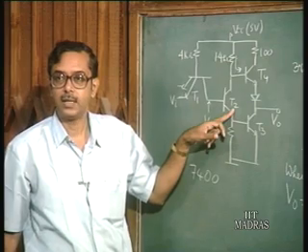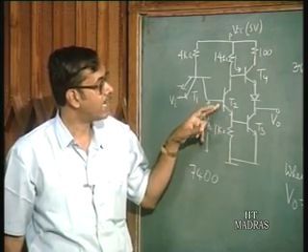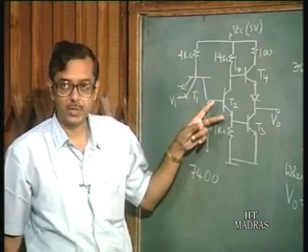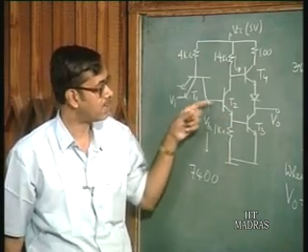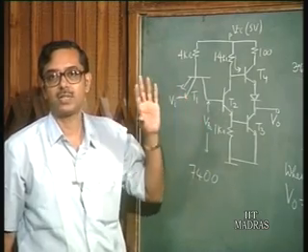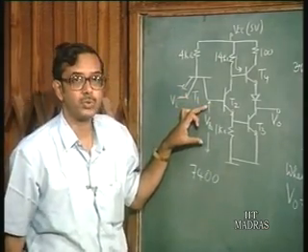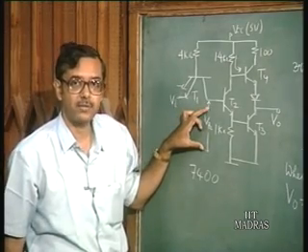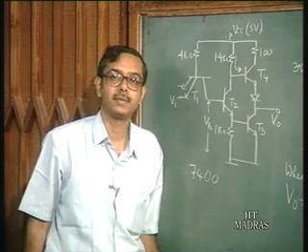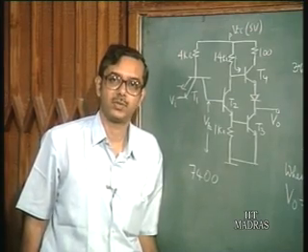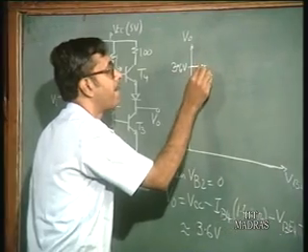Now, if we say that the base input voltage at which base current starts to flow in T2 is around say 0.65 volts or something, then till VB2 is 0.65 volts, this output voltage will remain at 3.6 volts. So we can draw it like this.